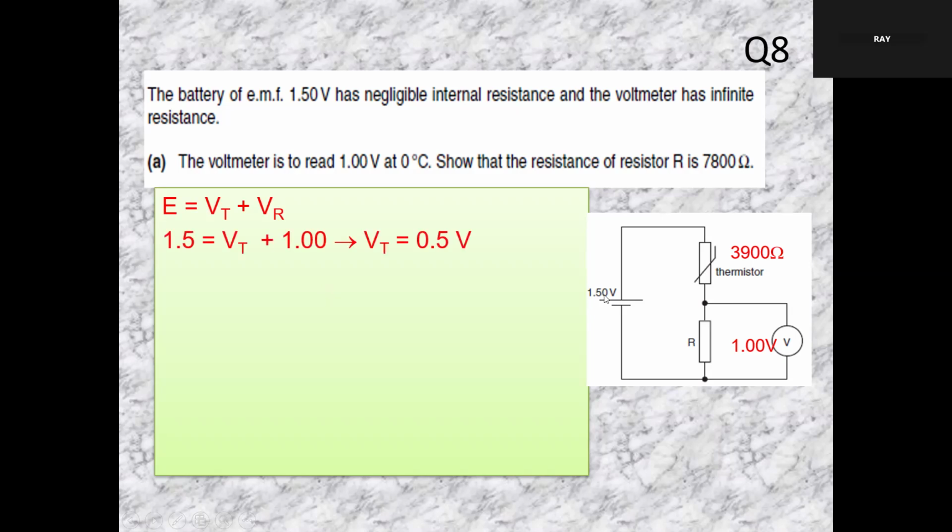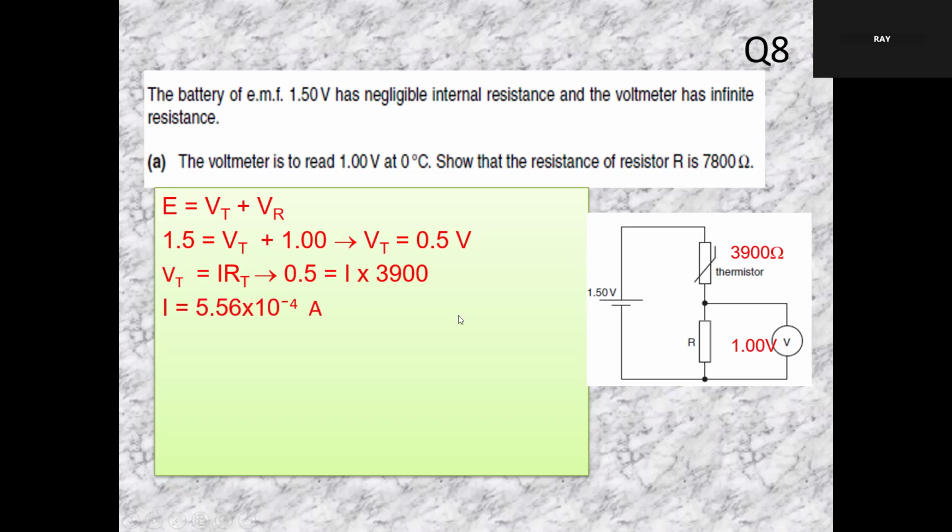And E is 1.5. Across the thermistor is 1.5 minus 1, which is 0.5 volt. Find the current through both of them. Through the thermistor, you can calculate. We've got 0.5 there, then divided by 3900 ohm gives the current.